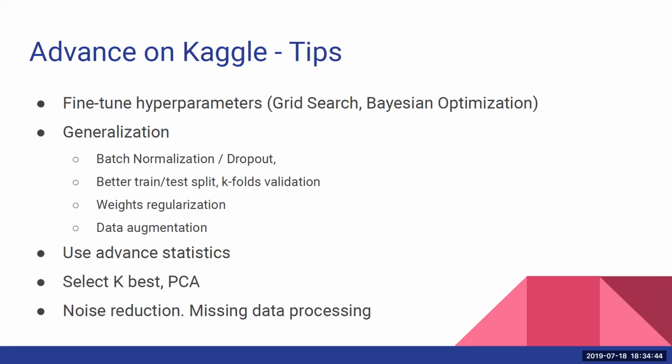Two things you can try here: a grid search to find the most optimal parameters, or Bayesian optimization, which is the one I usually do. It just works faster. You don't need to go through all the parameters. It somehow finds the global optima faster.